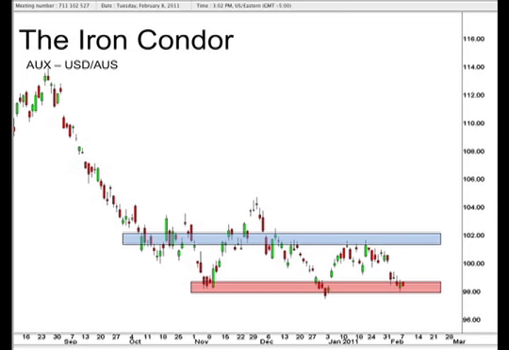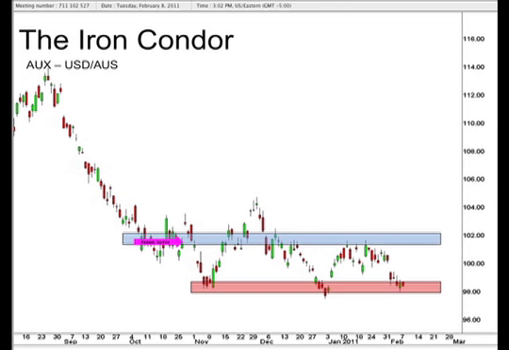And so what we have here is a chart on the AUX, so the U.S. versus the Australian dollar, and we can see that once again over the past couple of months, there's been a very well-defined support level at 98 and a very well-defined resistance level at 102.